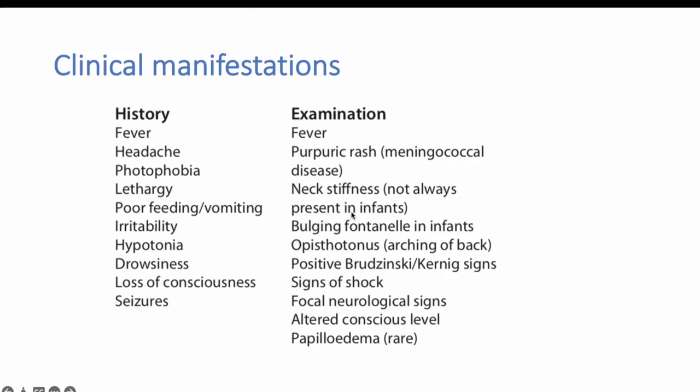Anterior closure is around between 1 year to 18 months. Okay, so patients less than that will have an open anterior fontanelle. The opening of the anterior fontanelle gives more space for the infection to spread, so the symptoms and signs will be less. So they will not present with neck stiffness or positive Brudzinski and Kernig signs. Okay, is that clear?